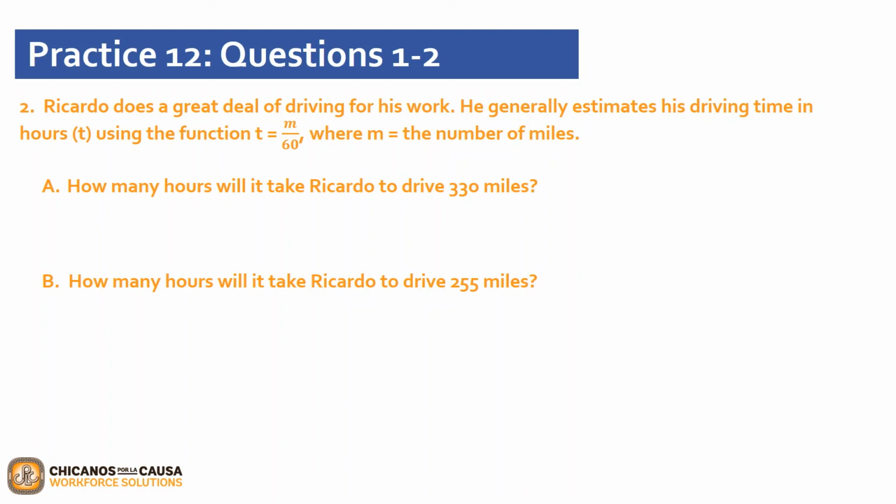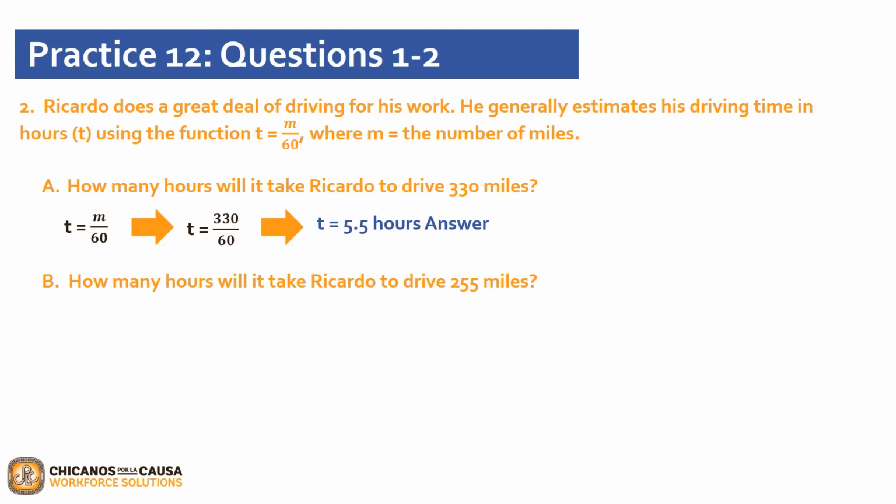We know that our expression is t equals m over 60, and m equals the number of miles. So all we're going to do is plug in that 330 miles in place of m, and place that over 60. Once you divide it out, it comes out to t equals 5.5 hours.